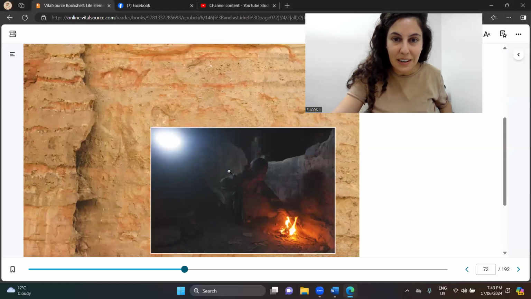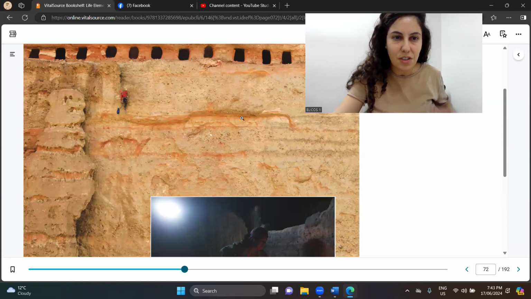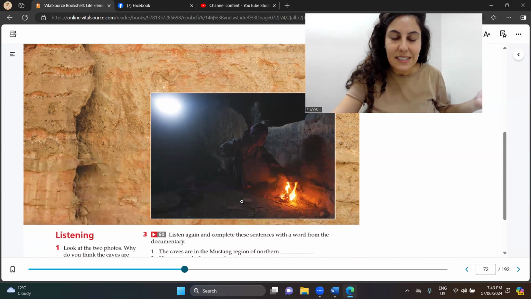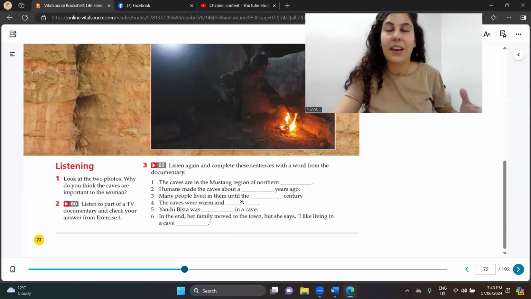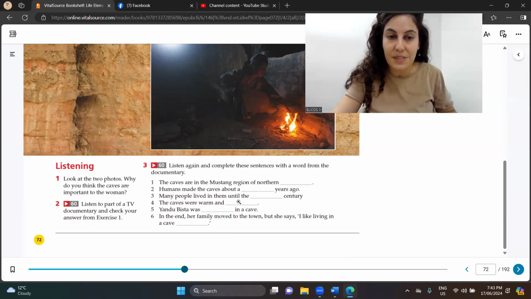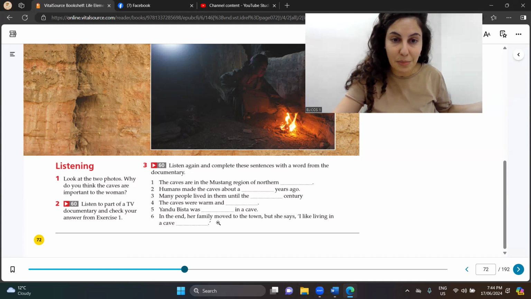It was this one with the woman, and there's a fire here and these caves. So it's a big rock. You could see all these caves here. So listen again, now that you know those past verbs, and see if you can answer these questions again. Very similar to the sentences that we did before.